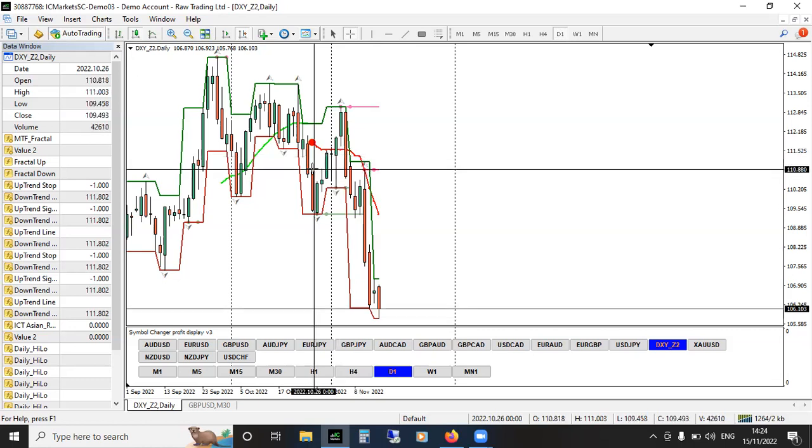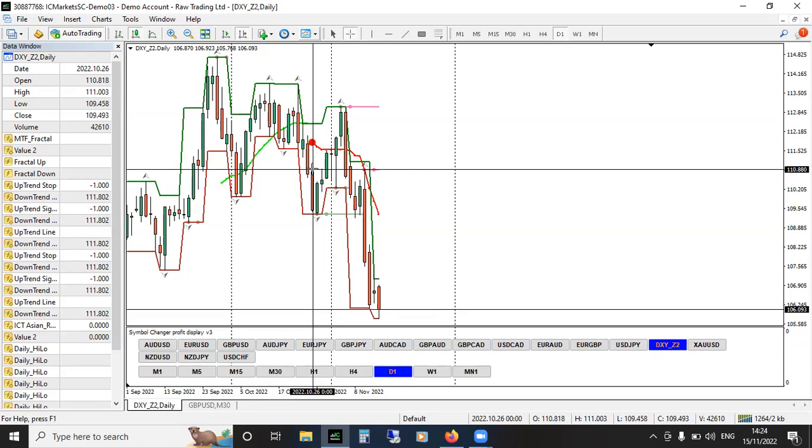DXY turned bearish on the 26th of October. From then on, with USD pairs, we are looking for bullishness on XXX/USD and bearishness on USD/XXX.